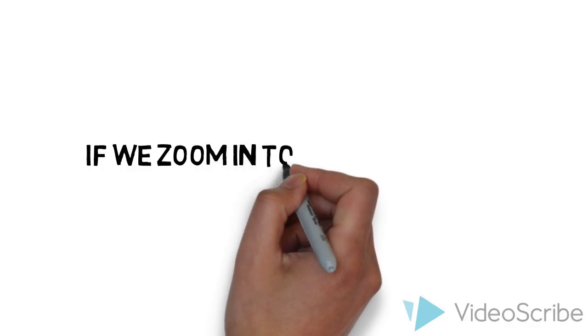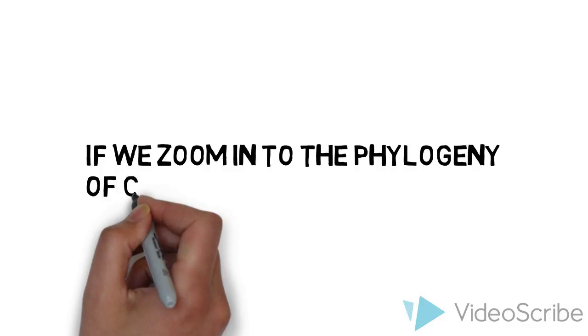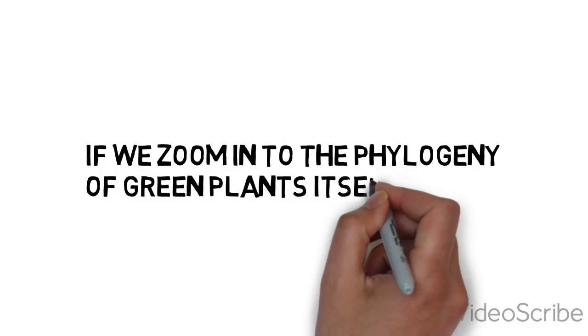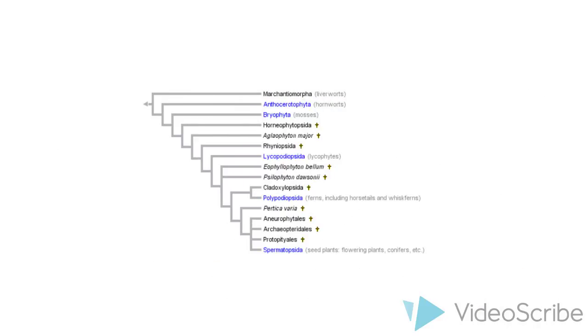And if we zoom in to the phylogeny of the green plants itself, and take a look at the diagram, we will know how the plants also moved up.